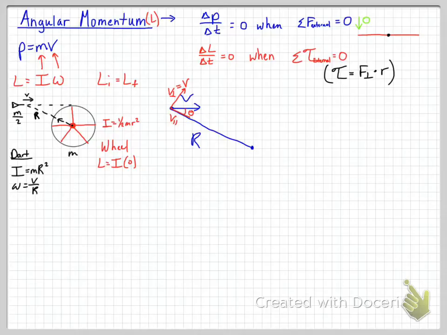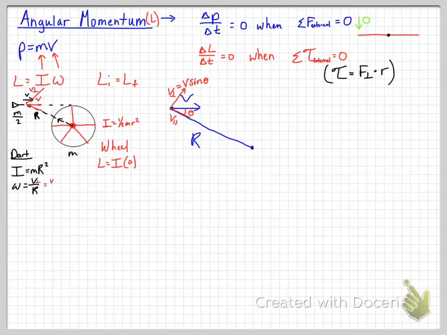So to determine v perpendicular, we use the angle theta and recognize that v perpendicular is v sine theta, as if it's the side opposite the theta. So we use v sine theta, much like we did when we were doing projectiles.